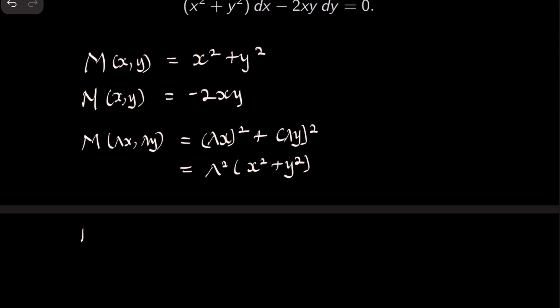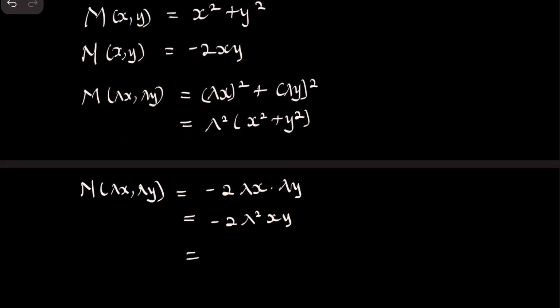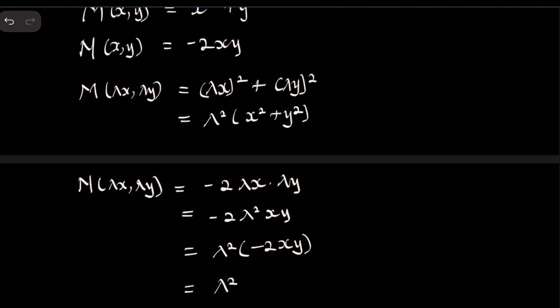Now let's compute N(λx, λy). That gives minus 2 times λx times λy, so minus 2λ²xy. Thus, you have λ²(−2xy). Hence, we have λ² N(x,y), and also for M, you have λ² M(x,y).